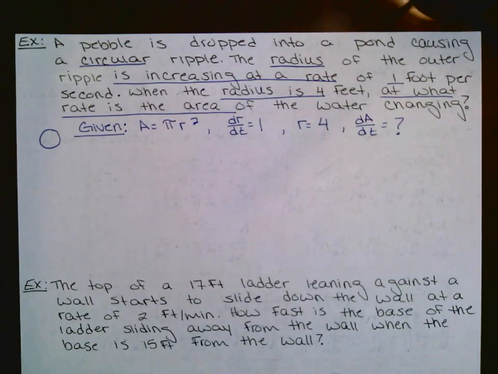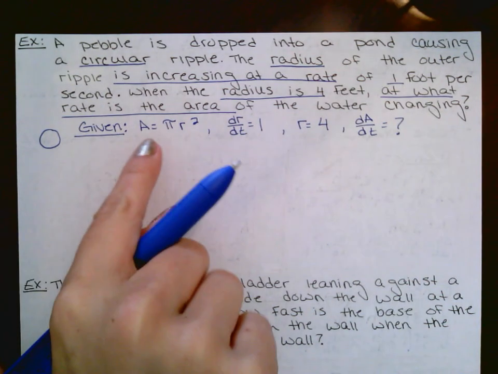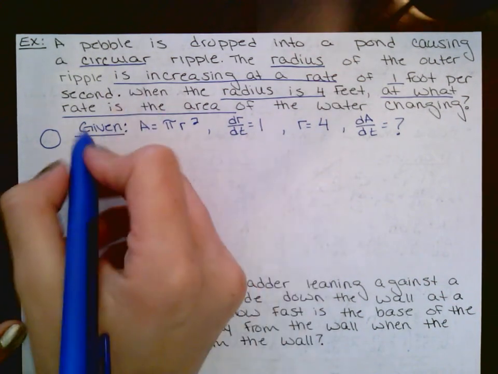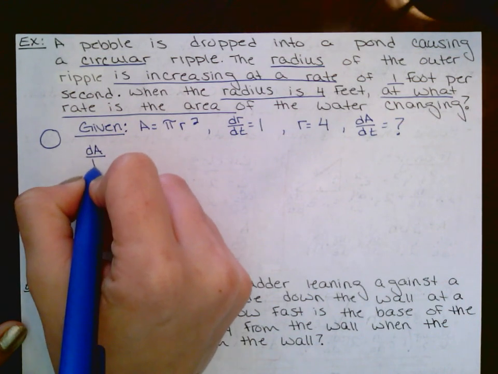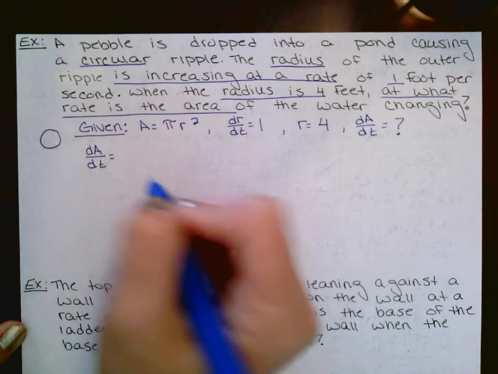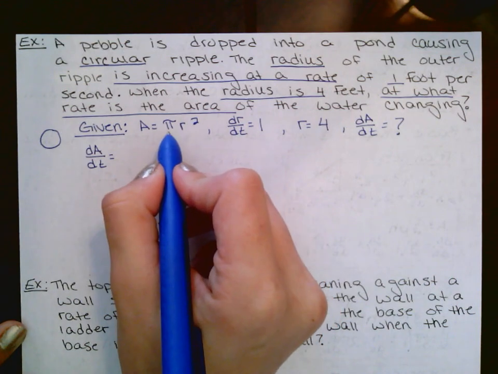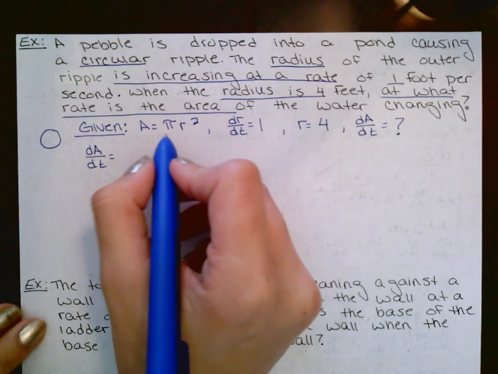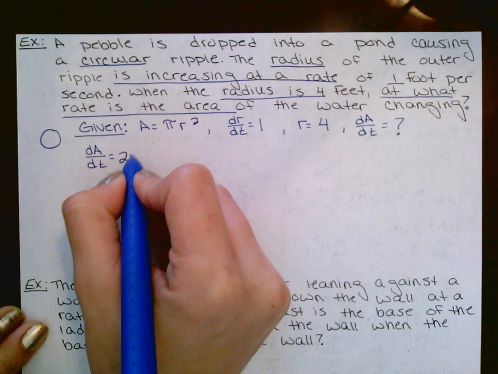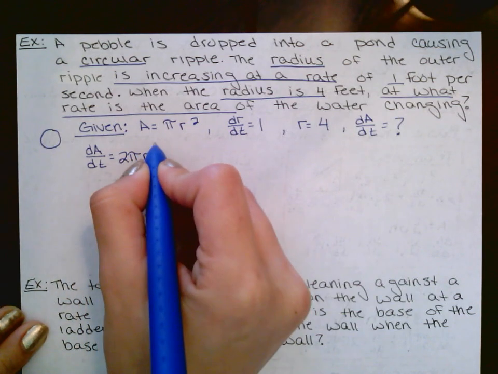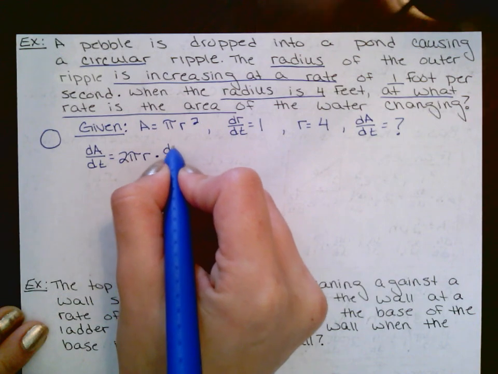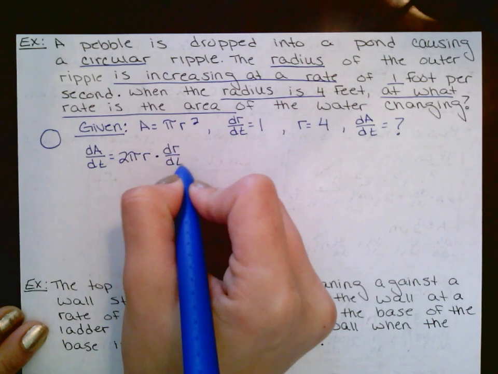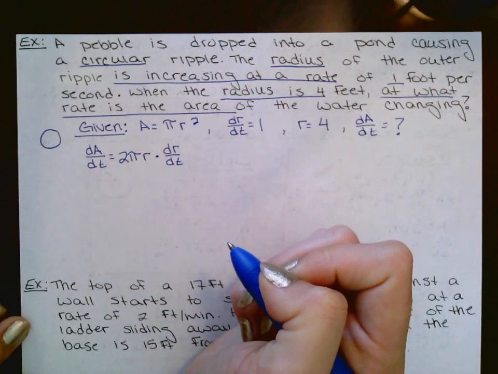Step 2 is to do the derivative of the equation that you picked. I picked area. The derivative of A is dA/dt equals, remember pi is a coefficient, so I'm going to do the power rule: 2 pi r to the first times implicit dr/dt.